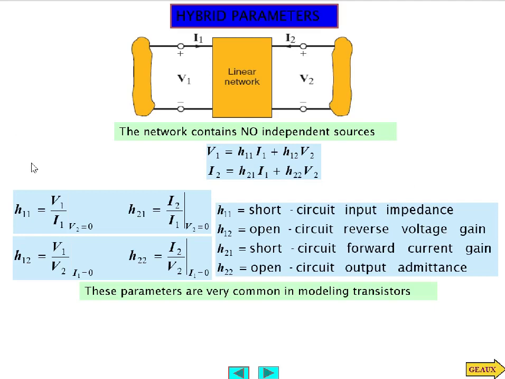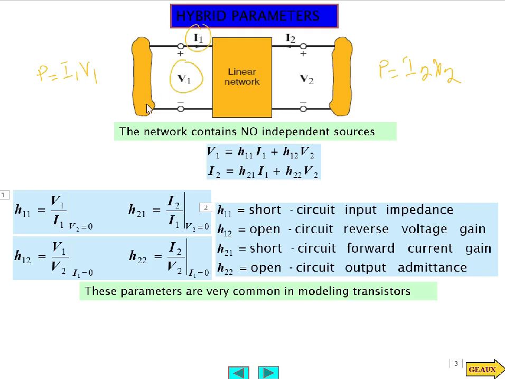Hybrid parameters use the same input and output characteristics, same output sources. Since we are talking about power, power contains I and V. So here we have P is equal to I1 V1, and here we have P is equal to I2 V2. So now we have two different variables that we can vary for this circuit, the I and the V value.